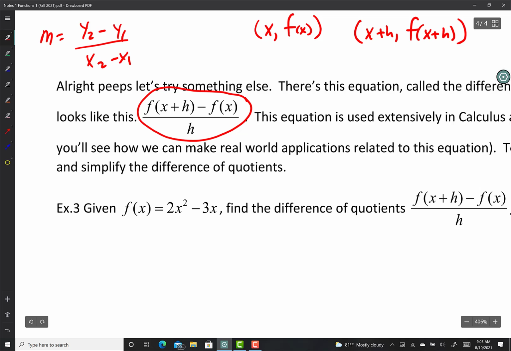If I told you that I have 2 points or 2 ordered pairs like that, well, look, your y2, f of x plus h, minus f of x, y1, all over x plus h minus x. Look what happens in the bottom. The x's cancel out, and you just get f of x plus h minus f of x all over h.